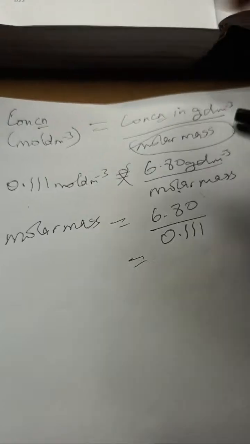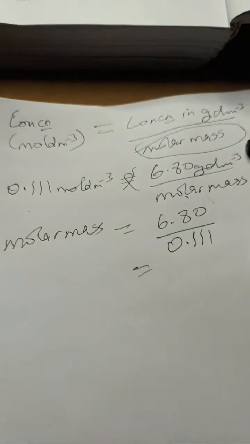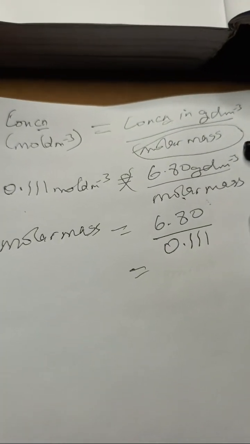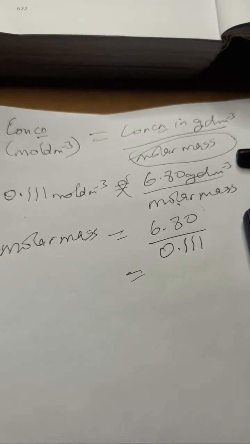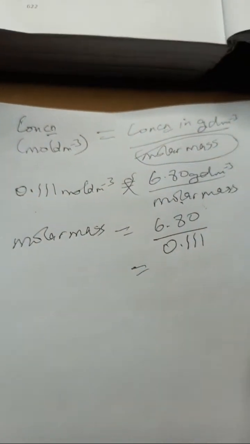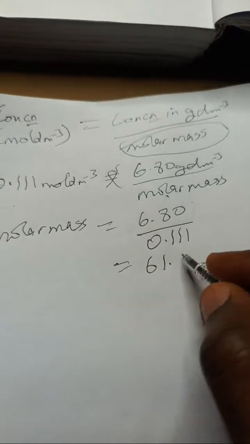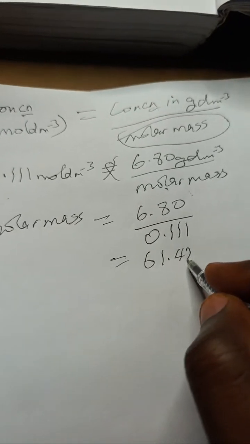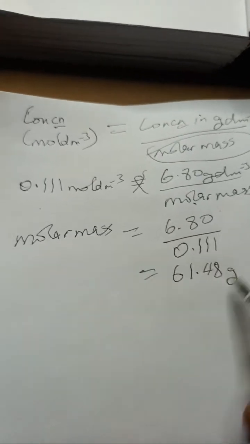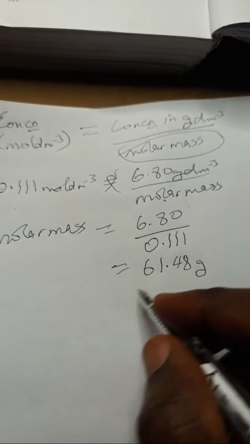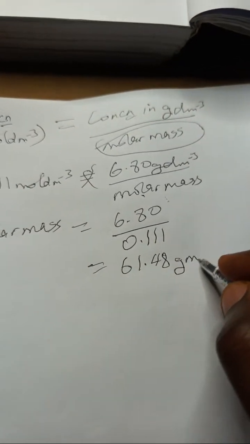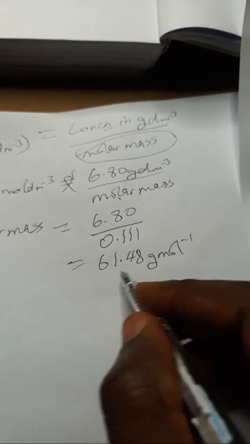So 6.80 divided by that will give us 61.48 gram per mole. So that's the molar mass.